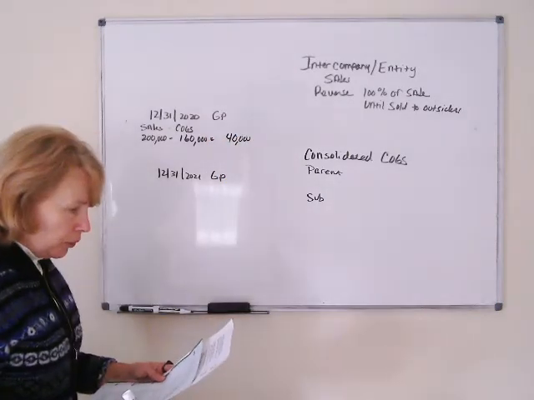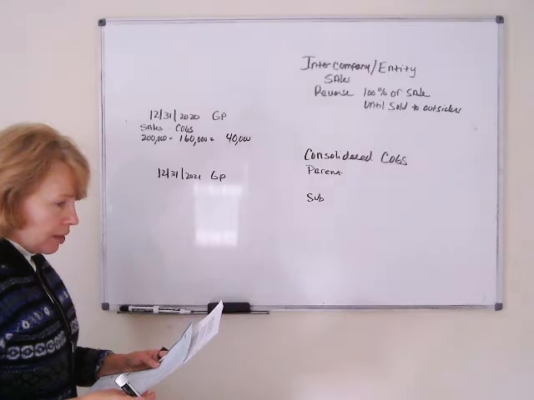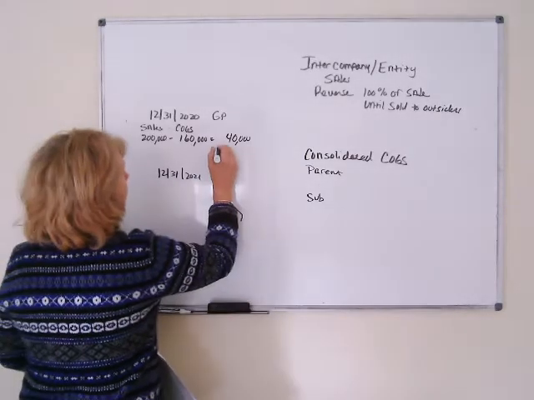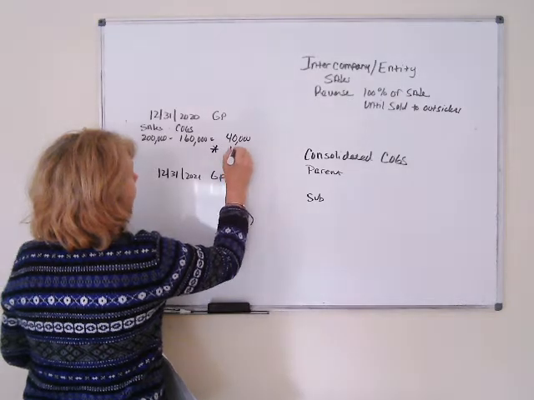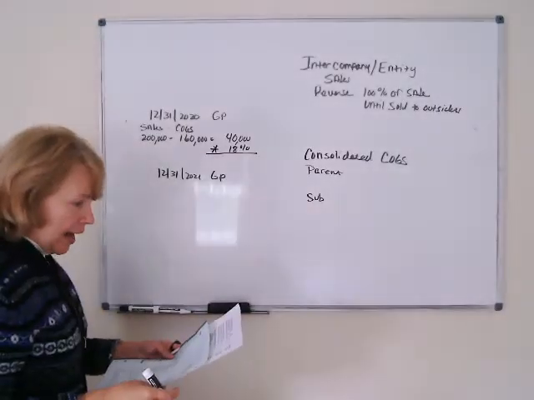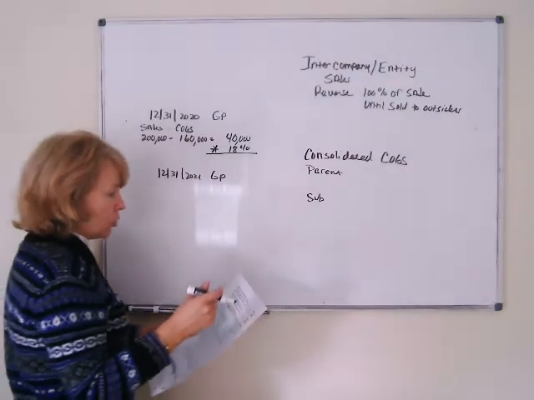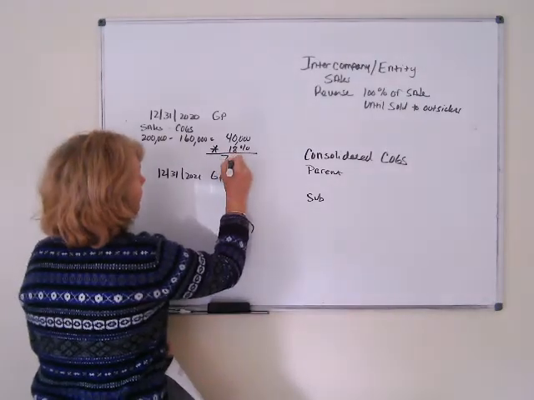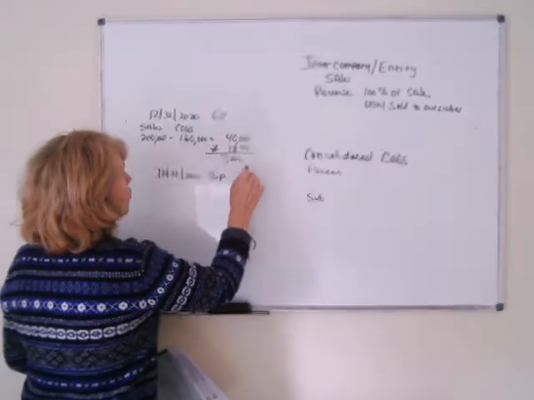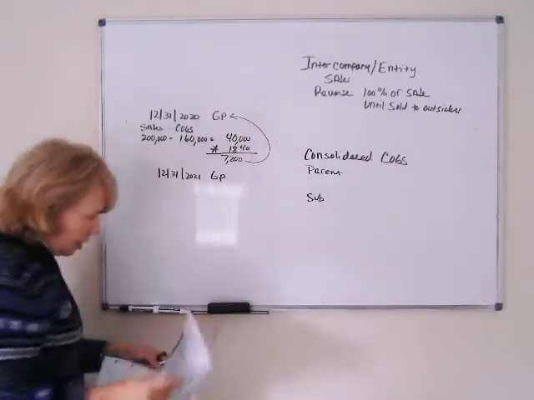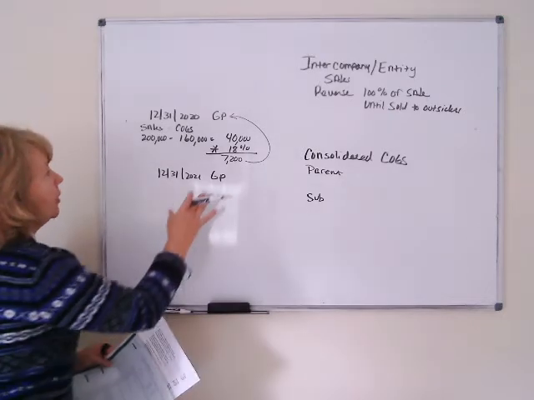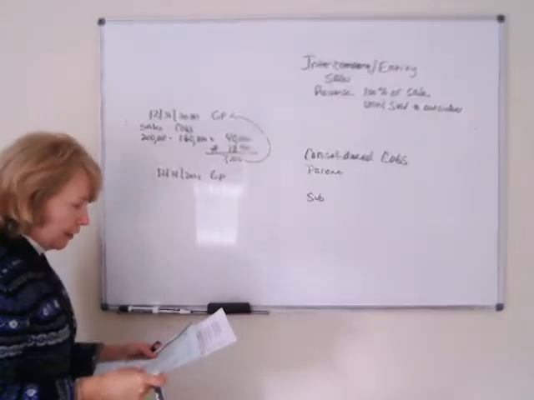They tell you that what's remaining at year end is 18%. So I'm going to multiply this by 18%, and that gives me $7,200. So at the end of 2020, my gross profit still left in inventory is $7,200.